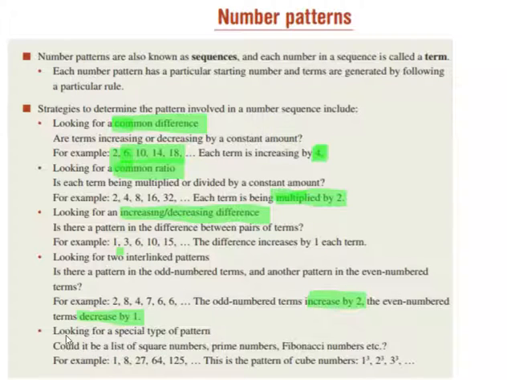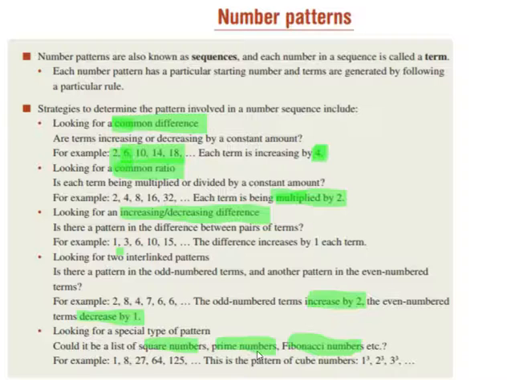The last one that we're going to look at: there are some special types of patterns. There are square numbers, prime numbers, Fibonacci numbers, and lots of other different patterns which have formed special ones. Look at this one here: 1, 8, 27, 64, 125.